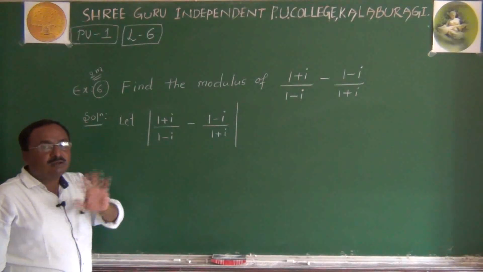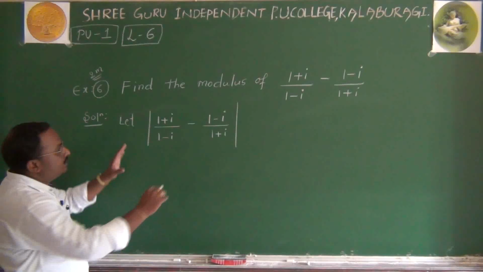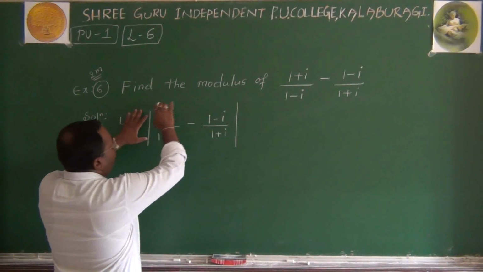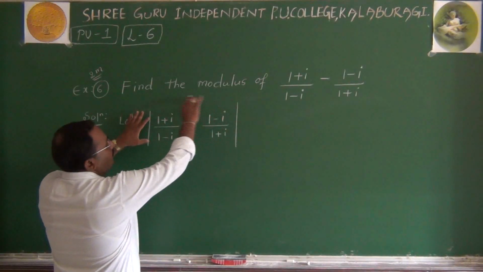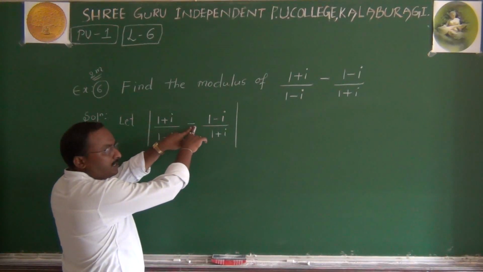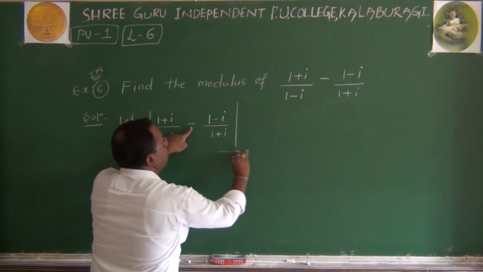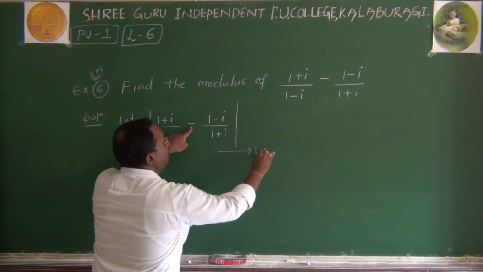First of all, this is completely simplified. If the middle sign is addition or subtraction, apply the LCM.